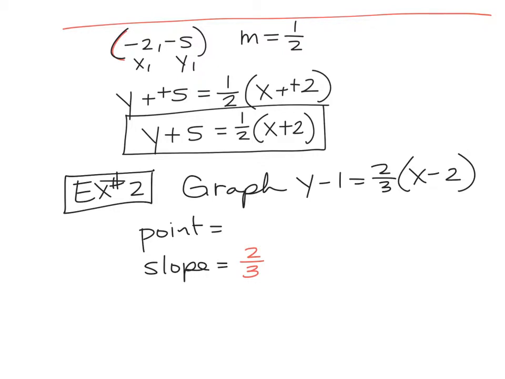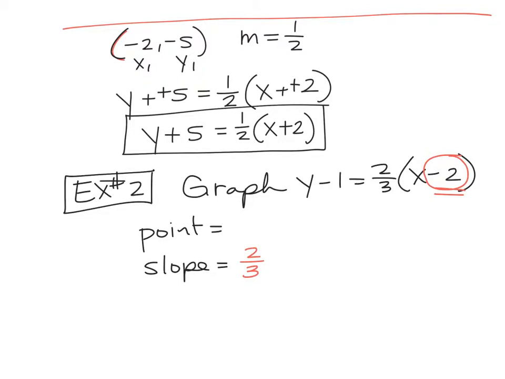So, for instance, right now, my x value looks negative, right? x minus 2. It is positive because the equation says x minus your x1 value. So if it's x minus x1 and it says x minus 2, then x1 is 2, right? So be careful with this. What it looks like here is not what it is.